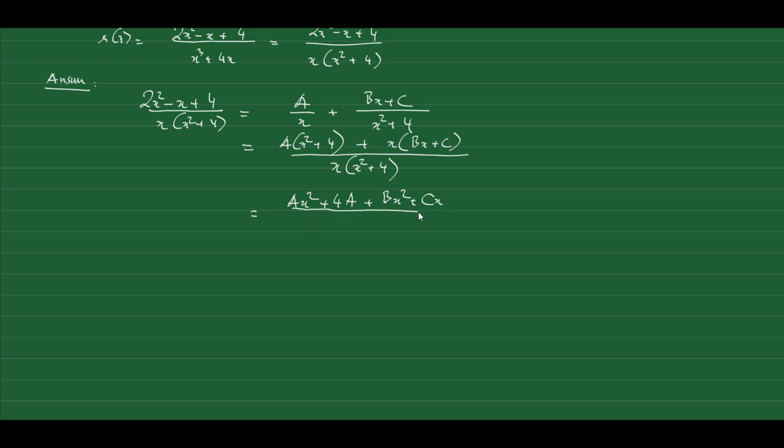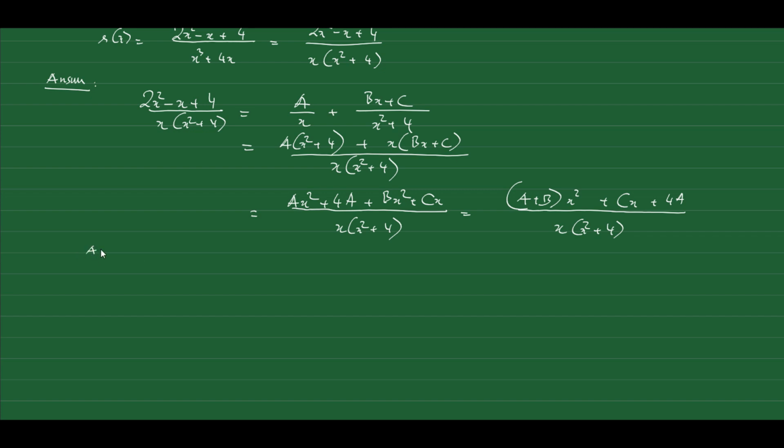Okay, and you factor them. So you have a plus b x squared, so that you can match up with the coefficient. Then cx, then at the end you have 4a, and you have x squared plus 4, and you see that we're matching up with it.